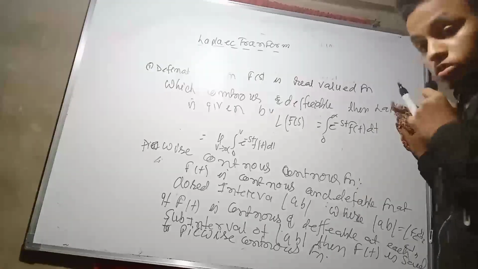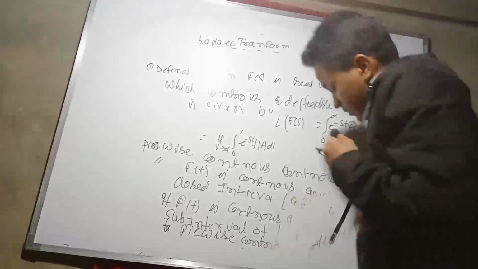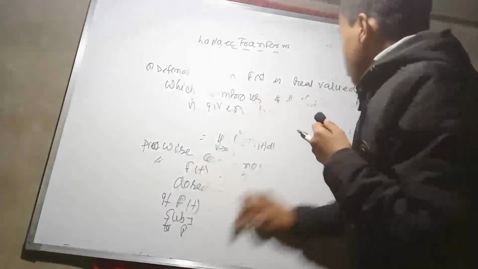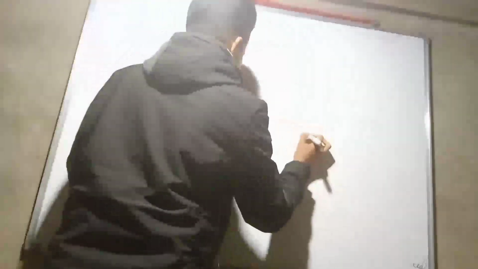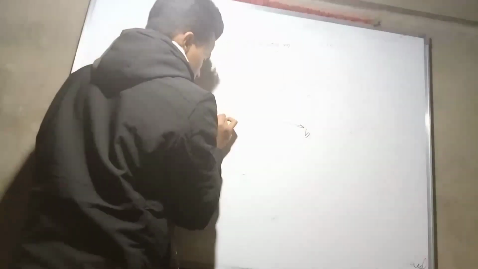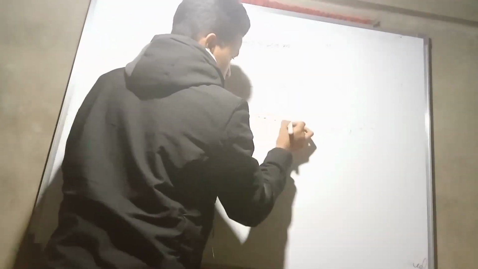If you have noted it down, we have to write the next definition. Let's explain what I have written. If f is a function, this is the graph of f. This is the point a, this is the point b. Let t1, t2, up to tn be points.